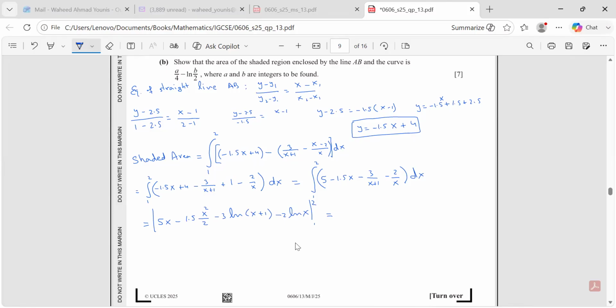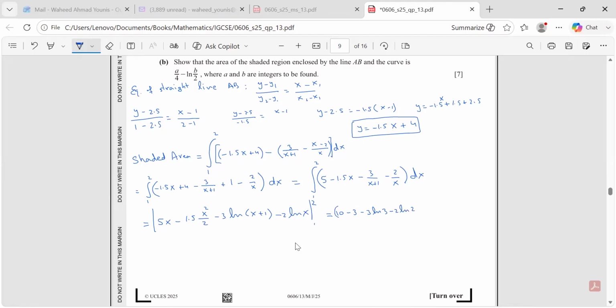When I put the upper limit, it will become 5 times 2, which is 10, minus, upper limit again, 4 divided by 2 is 2, 2 times minus 1.5 is minus 3, and minus 3 log of 3 minus 2 log of 2.